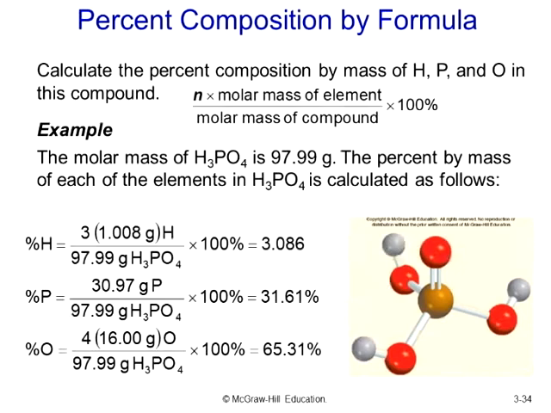We would take 3 times the number of hydrogens divided by the molar mass of the acid, 1 phosphorus at 30.97 grams divided by the molar mass, and oxygen, 4 oxygens times 16 divided by the molar mass gives us 65.31 in this case. So there you have it, 2 examples of percent composition based upon the formula. Therefore, we use the molar mass of the elements and the molar mass of the compound.